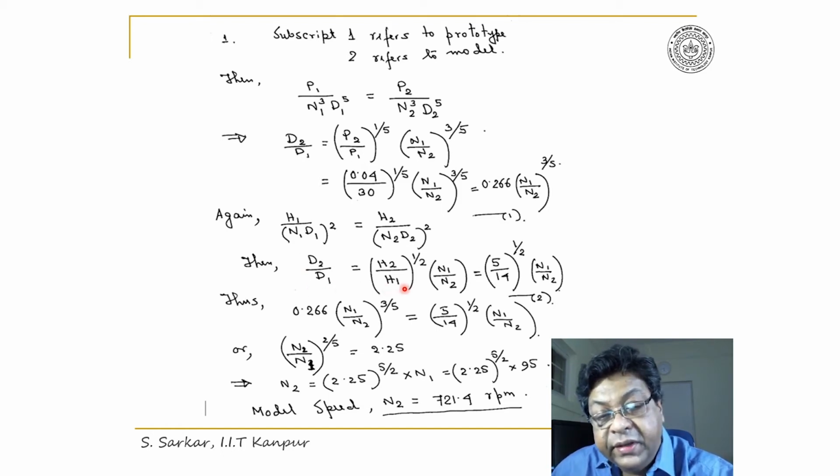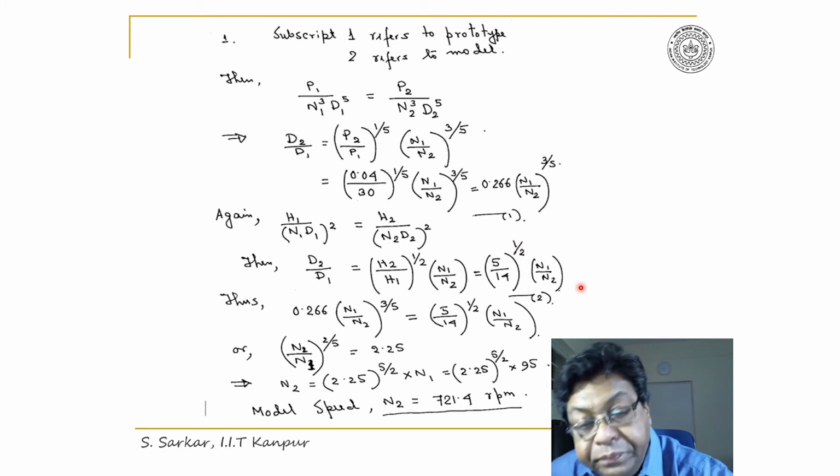Please go through this write-up. That is D2 by D1 is equal to H2 by H1 to the power half times N1 by N2. And thus I get a relation of D2 by D1 is equal to 5 by 14 to the power half into N1 by N2.